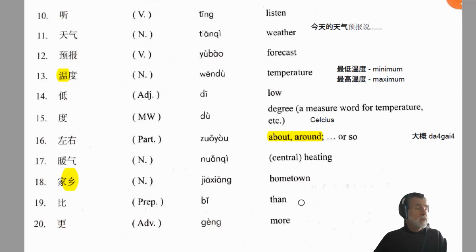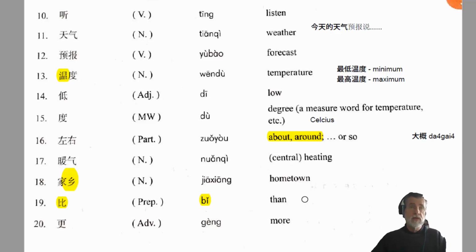Our next word is 比. The explanation here on the words and expressions list is totally inadequate. I won't go into it too much now, but basically what it's used to do is to make comparison.